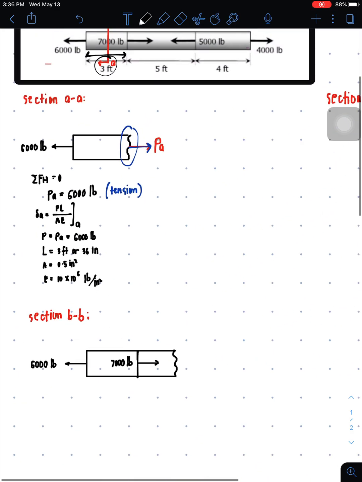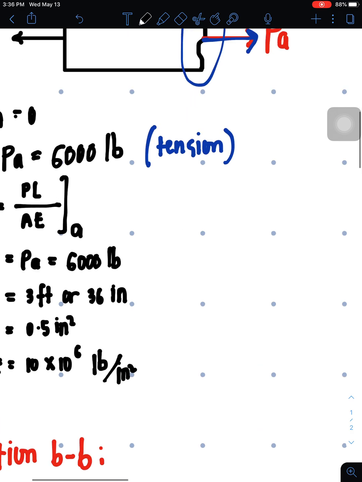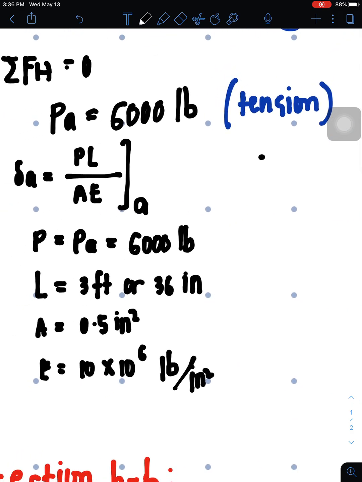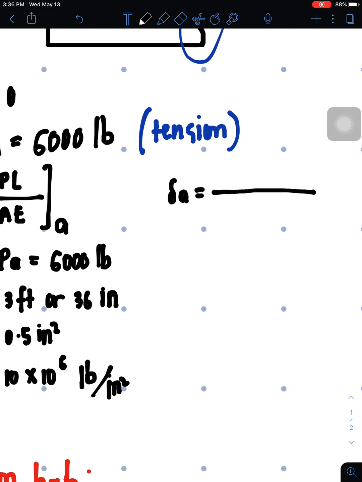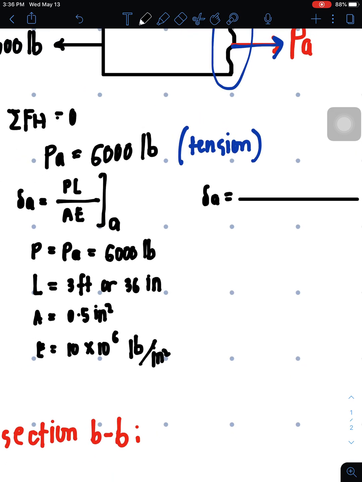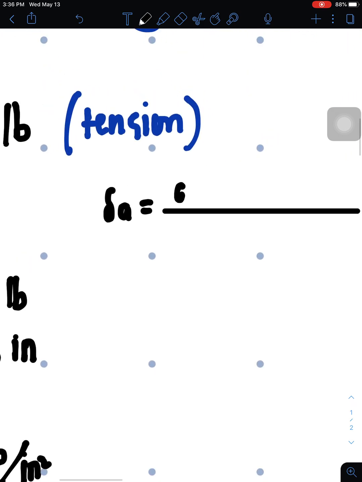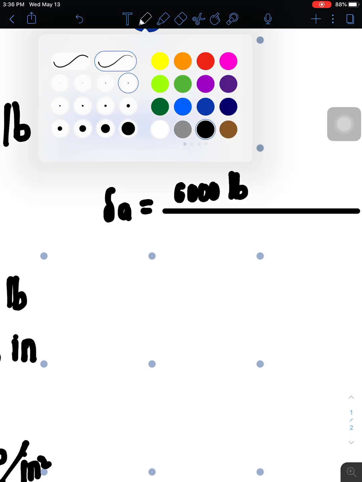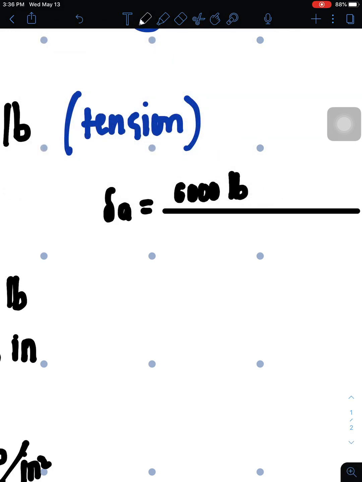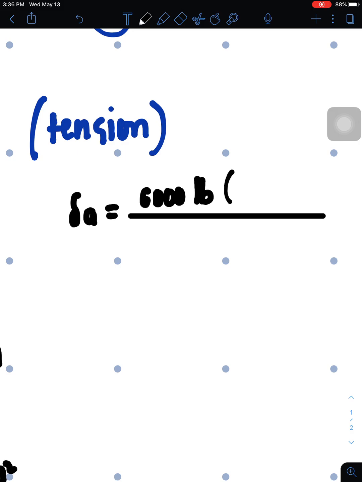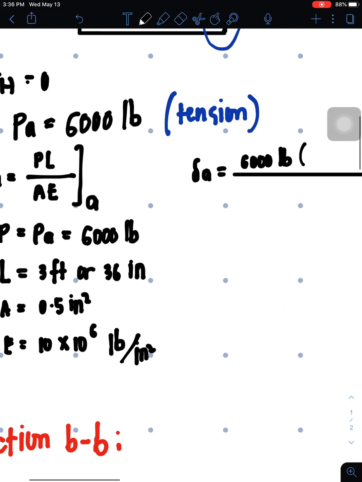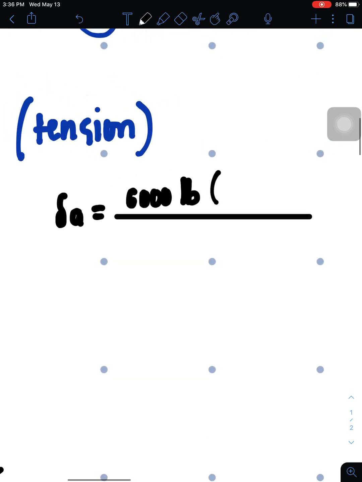So let's apply that. We can now get the deformation. The deformation of A is equal to PA, which is 6,000 pounds, multiplied by the length, which is 36 inches.